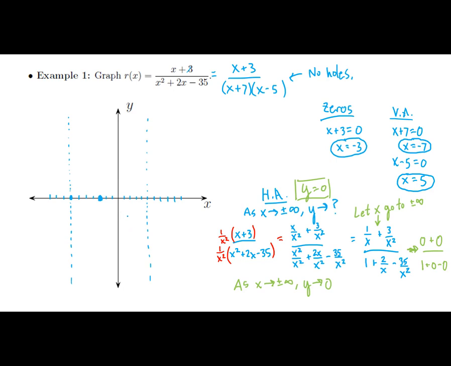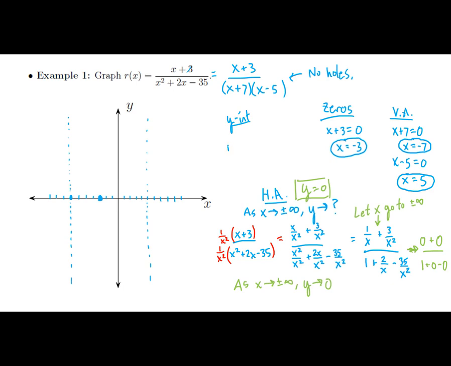And so the only other piece that I want to do formally here is to also find the y-intercept. And the reason I want to do that is just because it gets me another point to look at and kind of helps me understand about how things are shaped here.